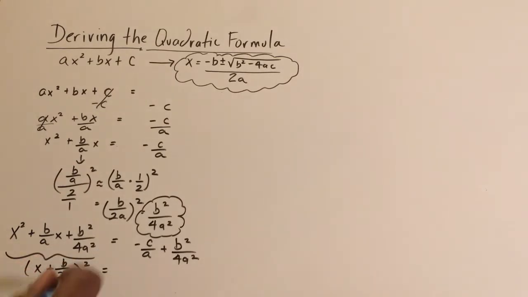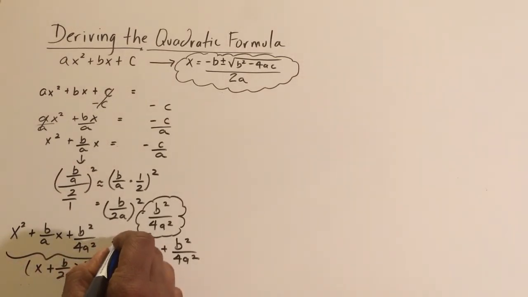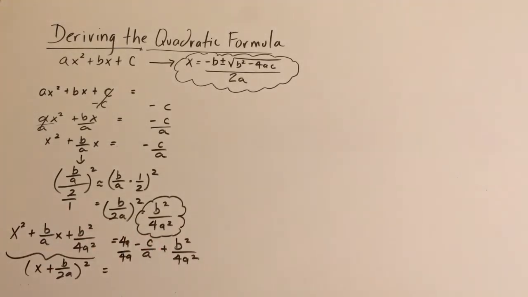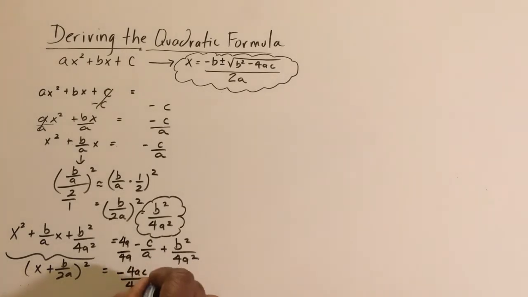What's missing is 4a, so we're going to multiply both c and a by 4a. When we do that, we're going to get minus 4ac over 4a squared plus b squared over 4a squared.